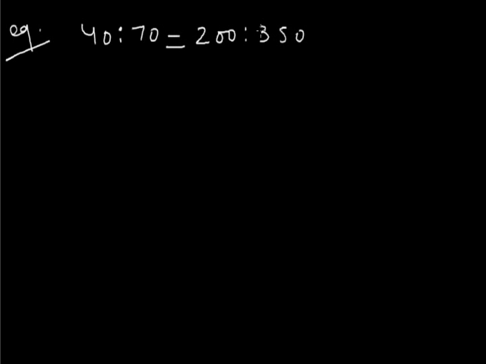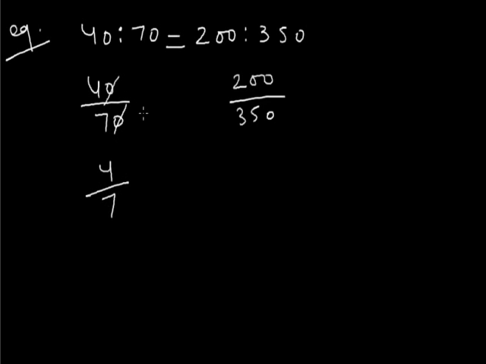200:350, because 40:70 can be written as 40 divided by 70 in the fractional form, and 200:350 can be written as 200 divided by 350 in the fractional form. Now 40/70 can be reduced to 4/7, because there is a common factor other than 1 between 40 and 70, which is 10, and I have cancelled that factor from both the numerator and denominator.